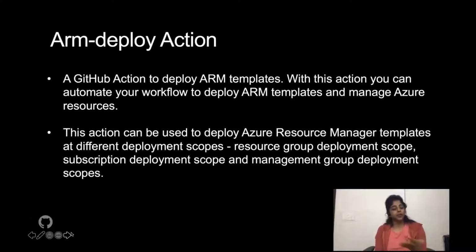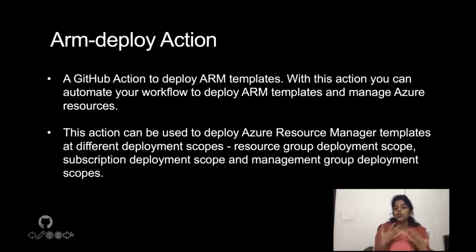As some of you might already know, there are different levels of scope in Azure. One is management level scope. The other is subscription level scope. Then the third is resource group scope. As per our requirement, this action enables us to deploy resources at whatever scope we require. For example, if I want a policy to be set up, I might want it at the management scope.